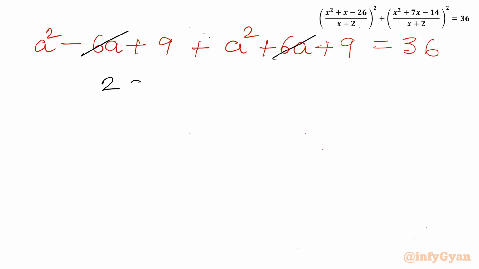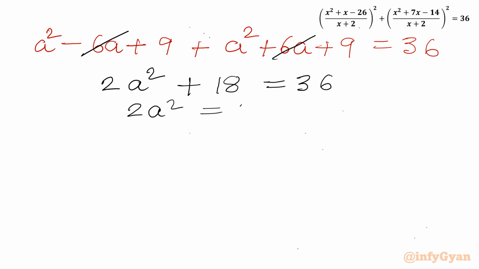So it will be 2a² + 18 = 36. 2a² = 36 − 18, 18. a² will be equal to 9, or we can write a must be equal to ±3.